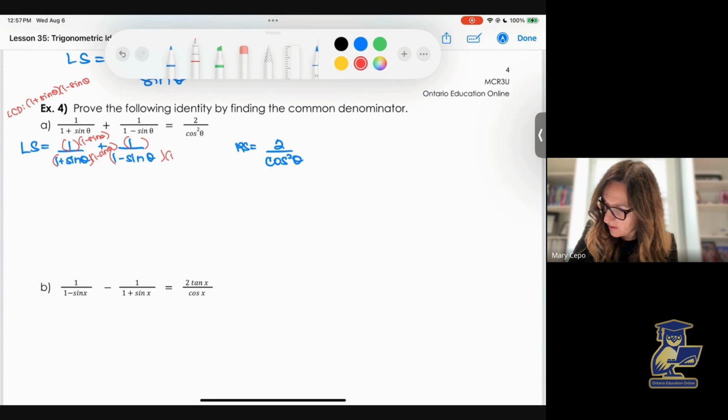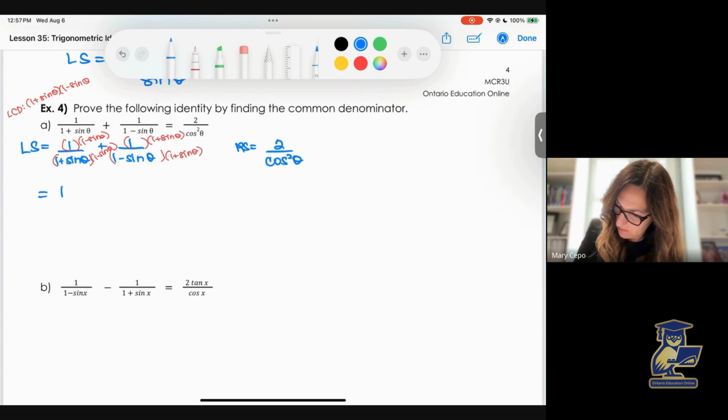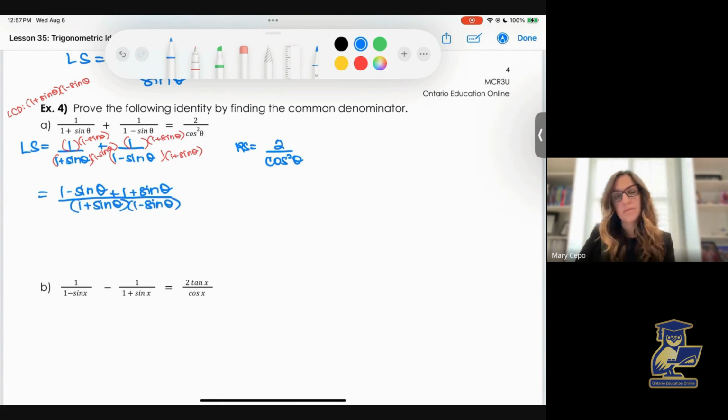And then we're going to multiply this 1 plus sine theta. Okay, so that means 1 times 1 minus sine theta plus 1 plus sine theta all over 1 plus sine theta, 1 minus sine theta.